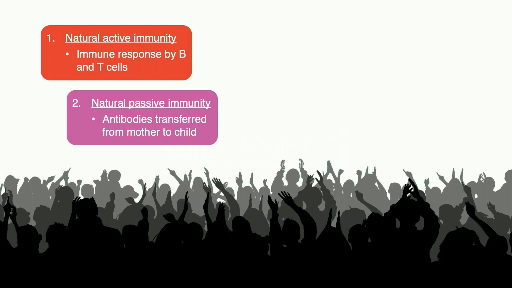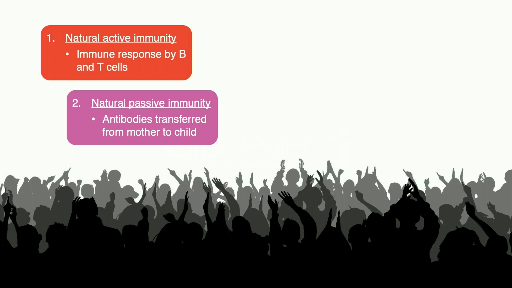Another way that we can enhance our acquired immunity, boost our immune system, is natural passive immunity. Here, antibodies are delivered to the host, delivered to the person. We gain these from an outside source, and that outside source is often from the mother to the child through breast milk, through the birth canal, through childbirth.